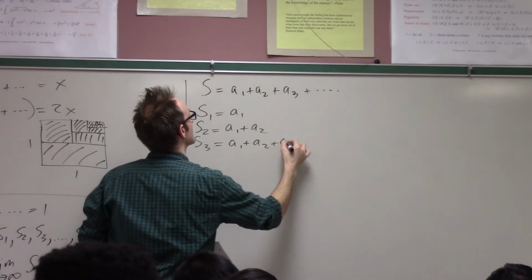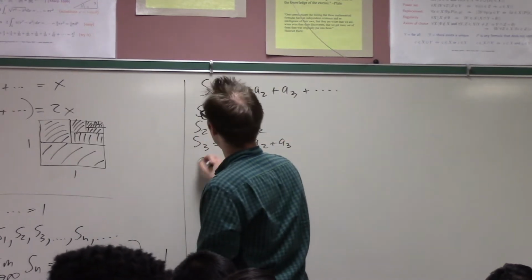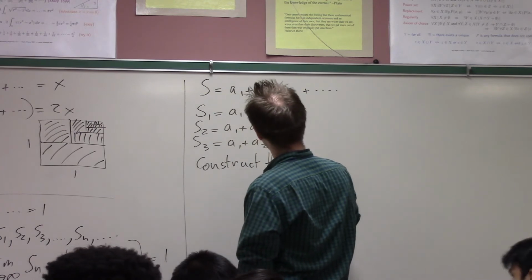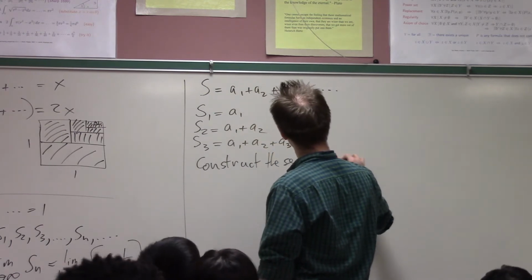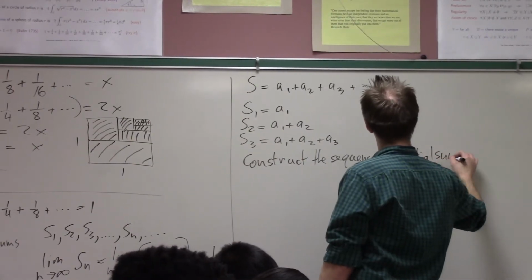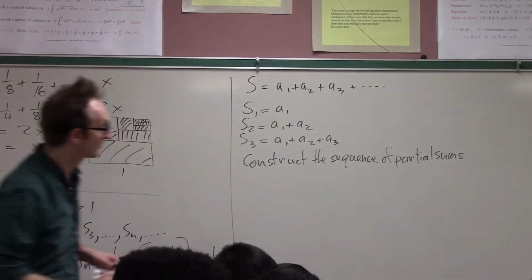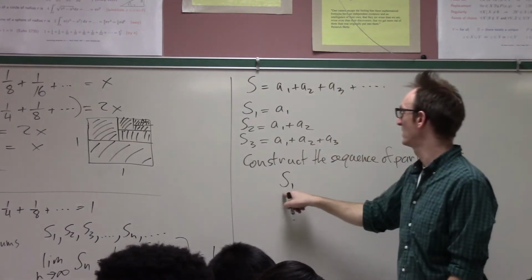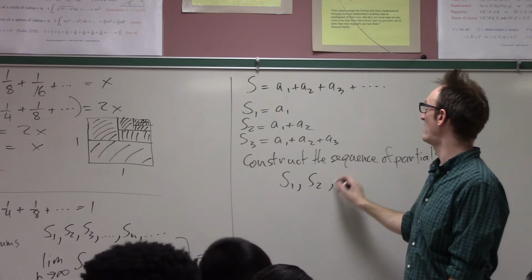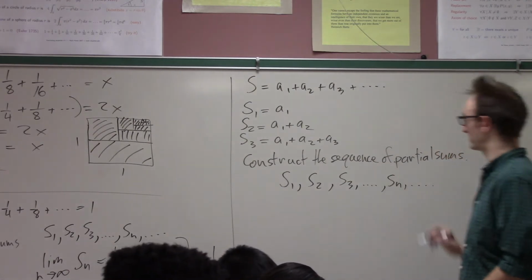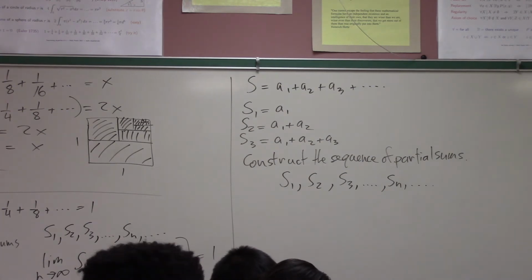And now what we do is we construct the sequence of partial sums, each of whose terms is the sum so far. And we go out to the nth term and beyond. And then we look at the limit of that sequence.